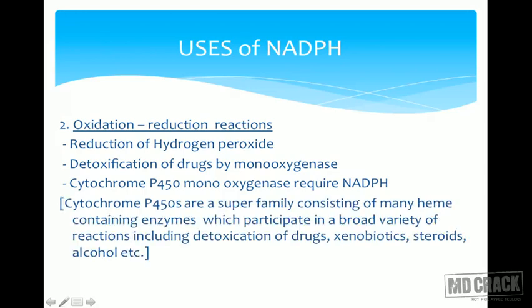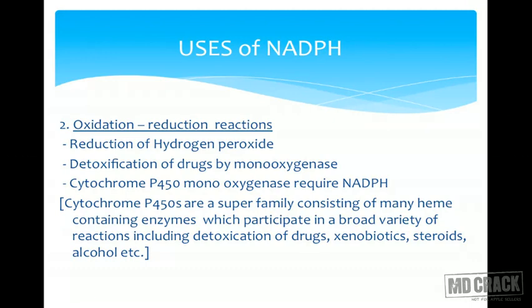Now, what is the cytochrome P450? We keep talking about them. Now, cytochrome P450 enzyme systems are a super family, not one enzyme, but a big family consisting of many heme containing enzymes, lots of enzymes, not one or two enzymes. We talk of a super family. All the enzymes of that contain heme, and they participate in a variety of reactions, including detoxification of drugs, detoxification of xenobiotics, detoxification of steroids, alcohol.